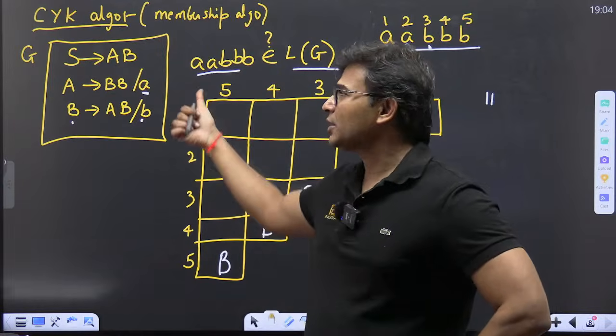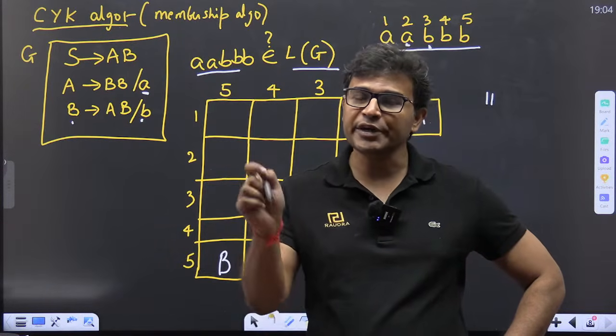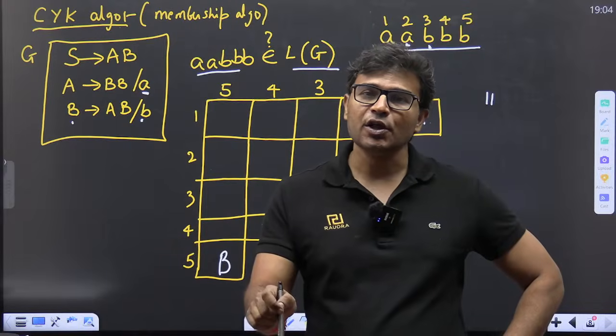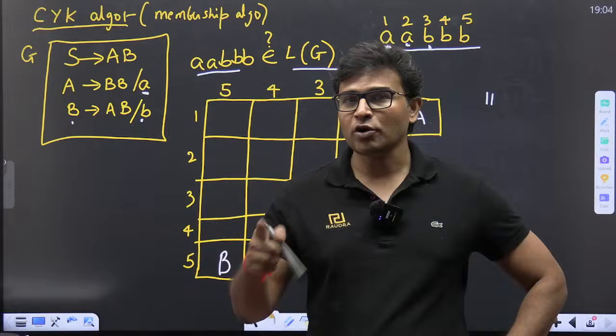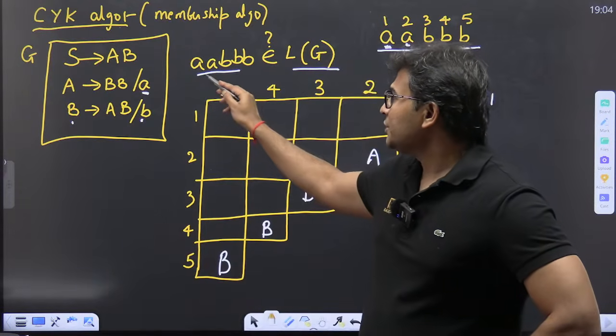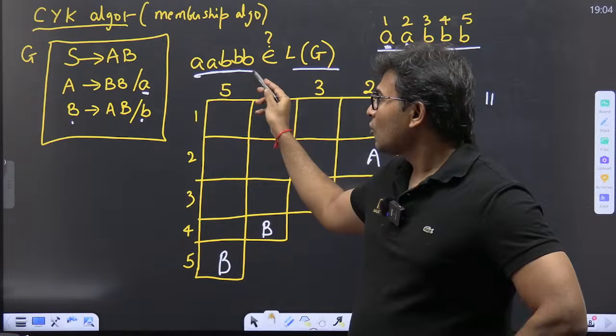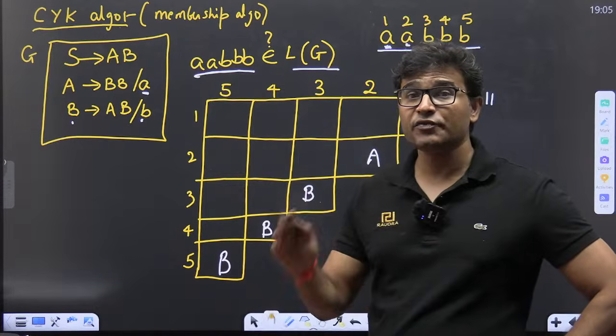Don't use the CYK algorithm, but then they can intentionally create a question in such a way that you should definitely know the CYK algorithm, right? What could be those questions? Those questions could be, given this string, what are all the substrings of this string which belong to the language? That is a very big question.